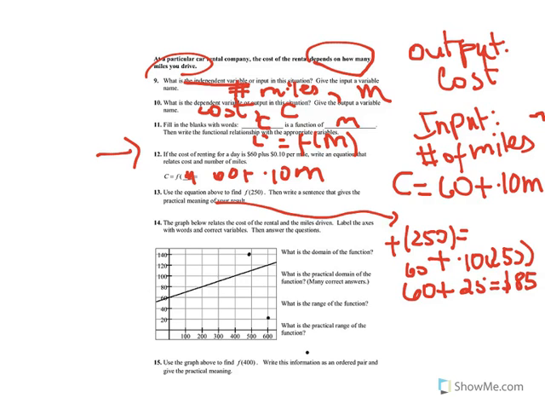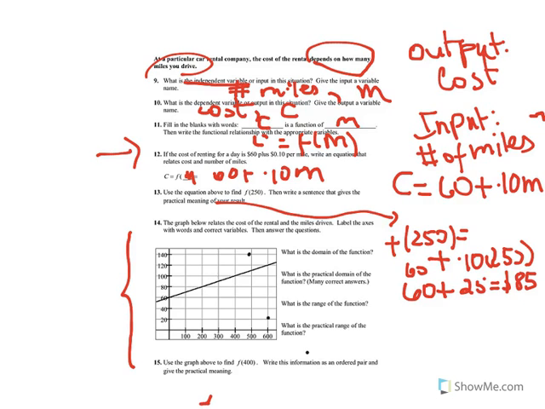So that means that to rent a car that has been driven for 250 miles is going to cost $85.